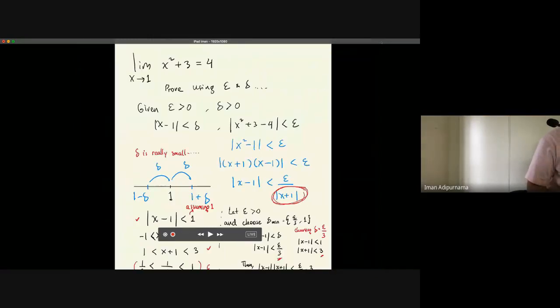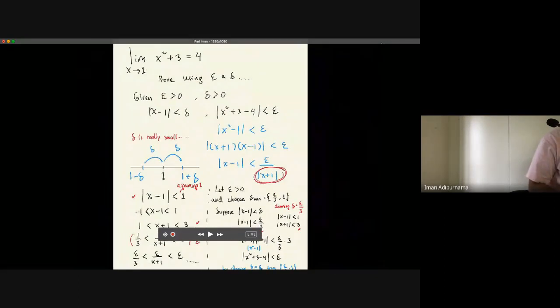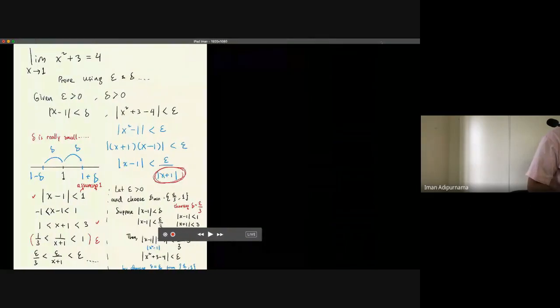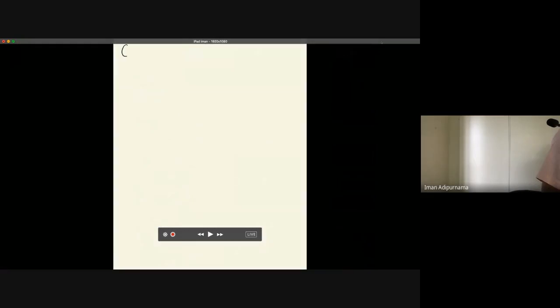Okay, let me go to the next section. It will be about continuity, but maybe I will start with discontinuity. So I will draw.